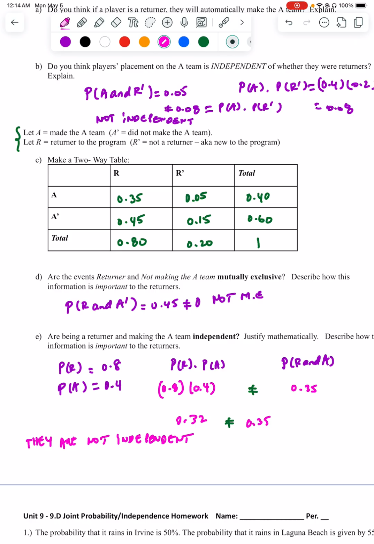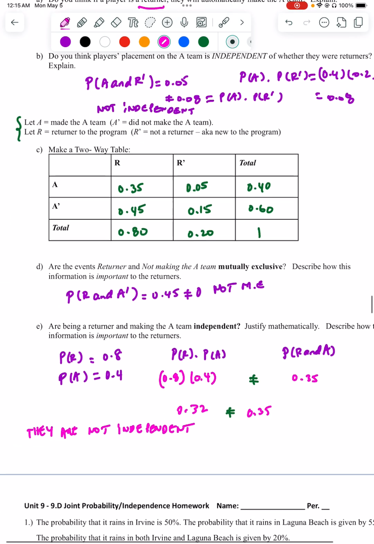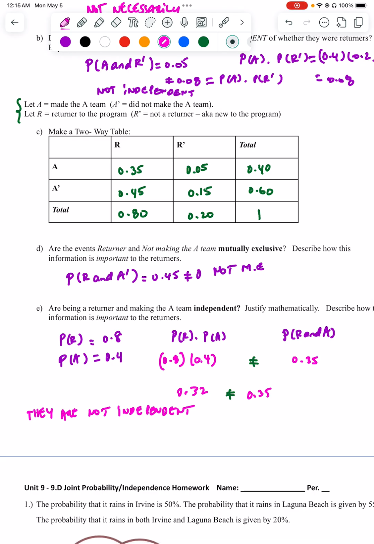So this is justified mathematically, we did that. Describe how this information is important to the returners.